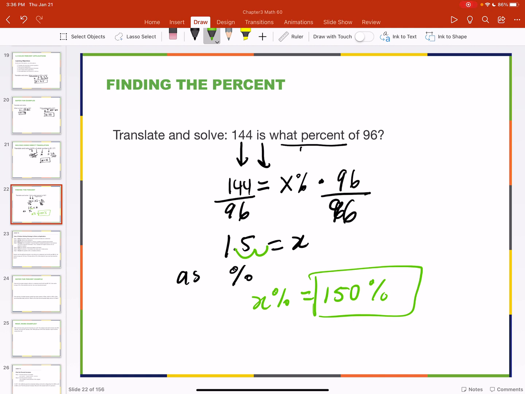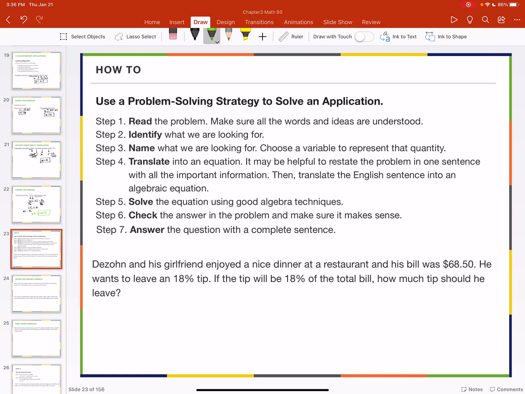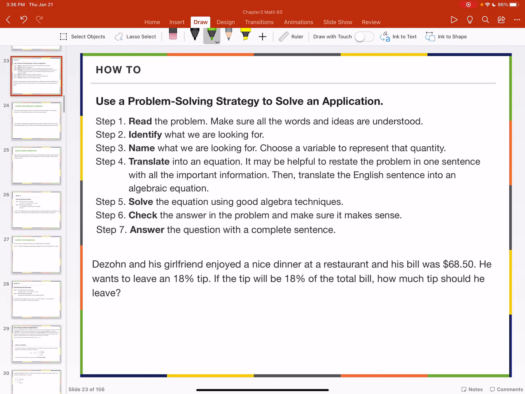All right. So let's continue using a problem-solving strategy to solve applications. Same thing: we read, identify, name, translate, solve the equation, check, and then we can answer. Dijon and his girlfriend enjoyed a nice dinner at a restaurant, and his bill was $68.50. He wants to leave an 18% tip. If the tip will be 18% of the total, how much tip should he leave?